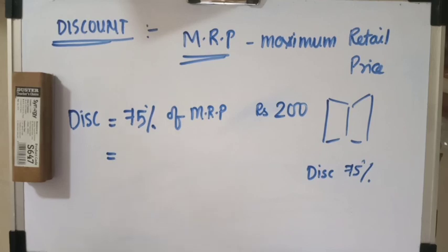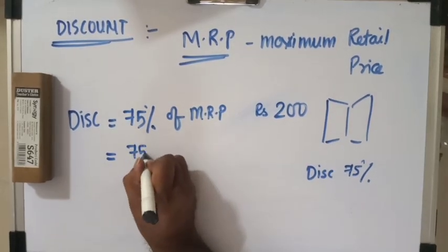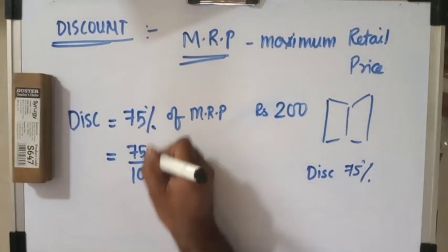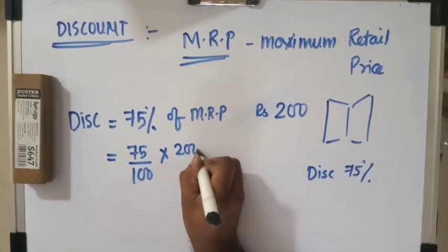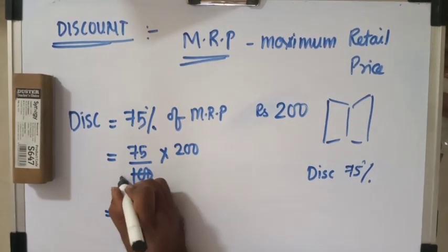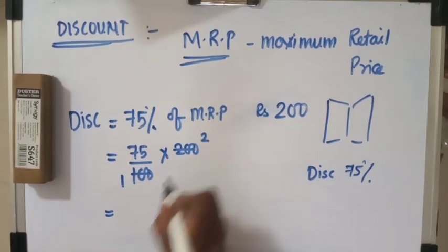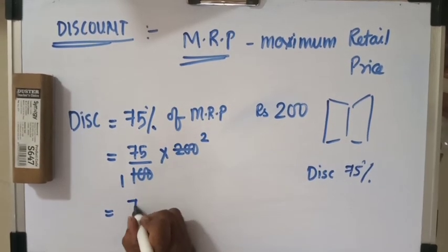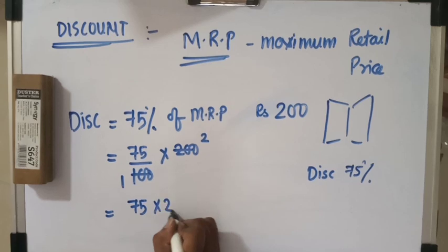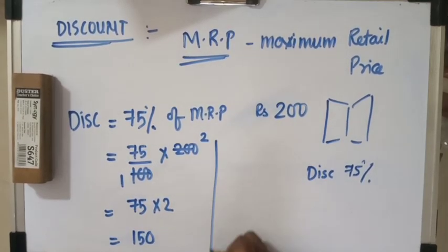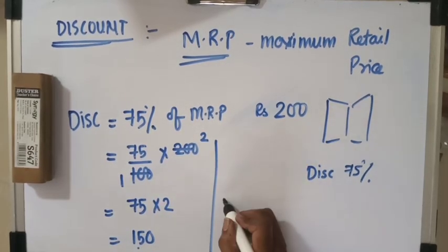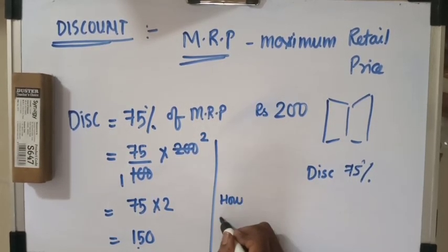That means you got 75 upon 100 into MRP, which is how much? 200. So you calculate this, 100 ones are 100, 100 twos are 200. So I have 75 into 2, so 150. That means the discount that I got is rupees 150. So how much I am going to pay?